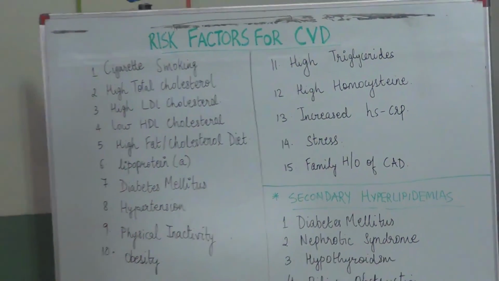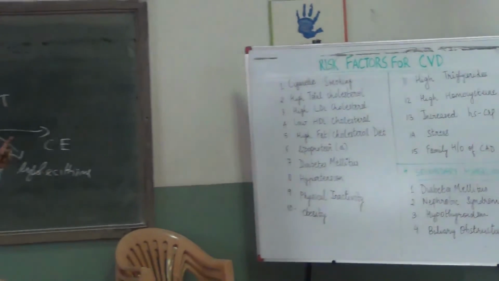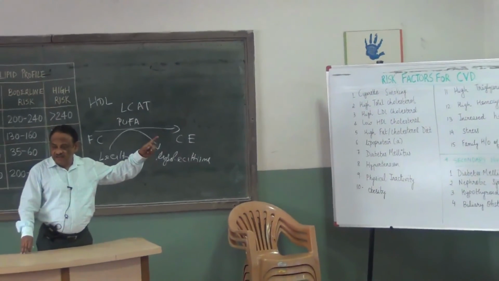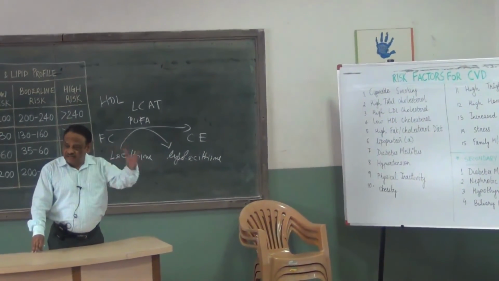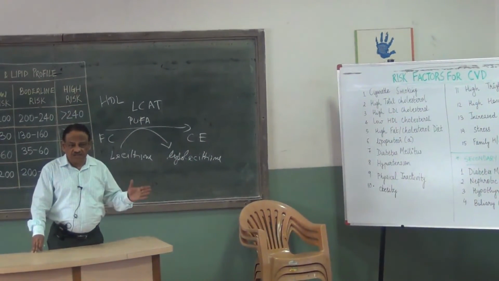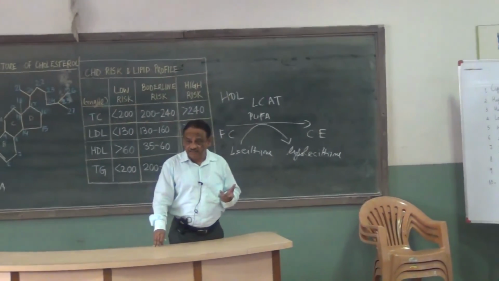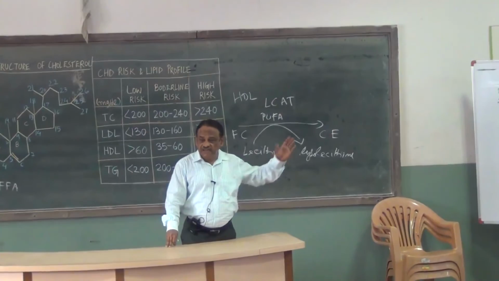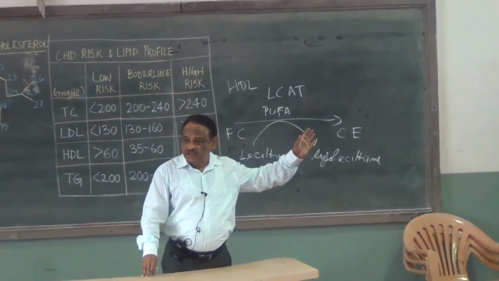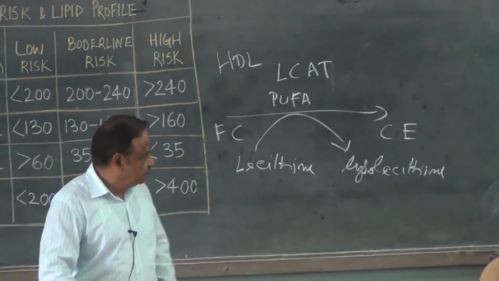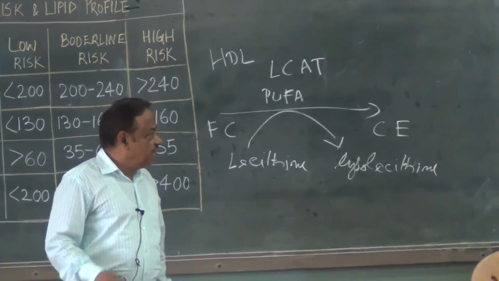So cigarette smoking has a bad effect, not only here, but in many other ways. It may cause cancer also. Cigarette smoking can cause lung cancer. In addition to that, it may affect the heart also.